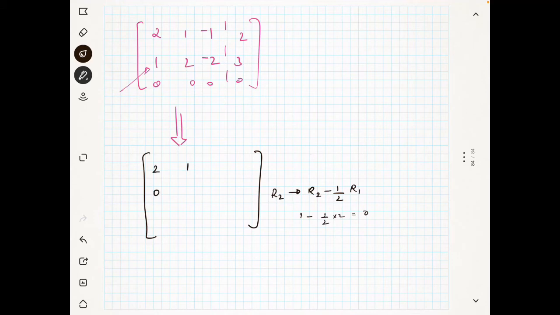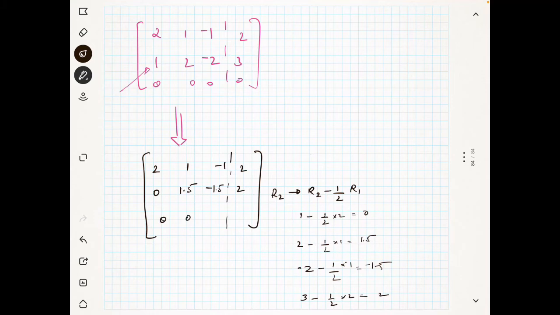The first row stays 2, 1, minus 1, 2. Now the second element, 2 minus half of 1, becomes 1.5. Next is minus 2 minus half of minus 1, which becomes minus 1.5. Then the last element, 3 minus half of 2, is 3 minus 1, which is 2. The other row remains 0, 0, 0, 0.